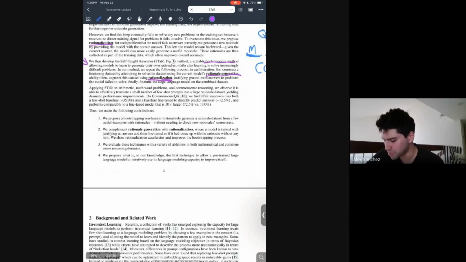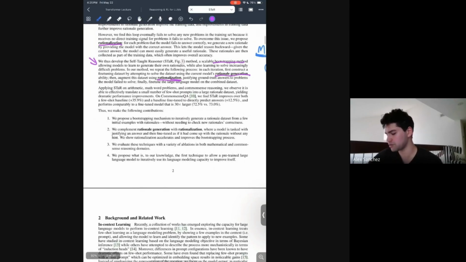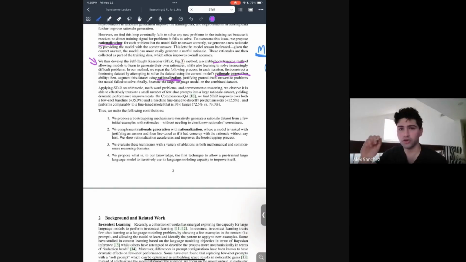When they applied this on arithmetic, math word problems, common sense, all these things that require logic that us humans can solve because we have that internal thinking and critical thinking in place, it yields results comparable to a model fine-tuned on a dataset that is 30 times larger.